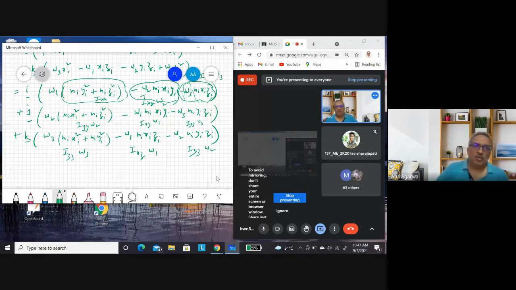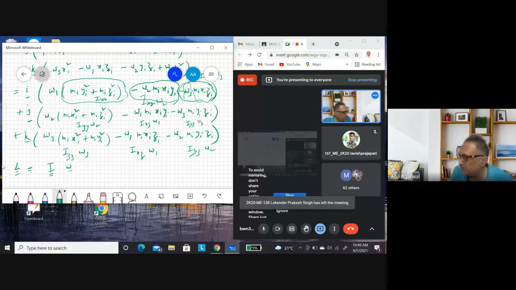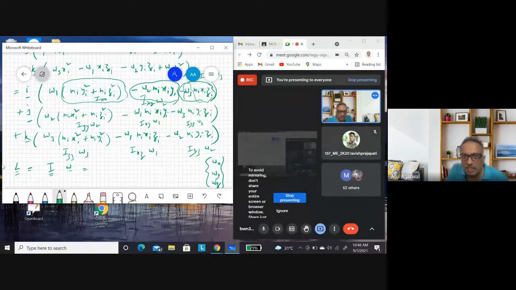So angular momentum of the body, can I write like this? Angular momentum of the body is equal to some inertia tensor I into omega. And what is your omega? Omega x, omega y, omega z, same as omega 1, omega 2, omega 3. And you have to multiply with the inertia tensor. What is the inertia tensor? Ixx is here, Ixy multiplies with omega y.